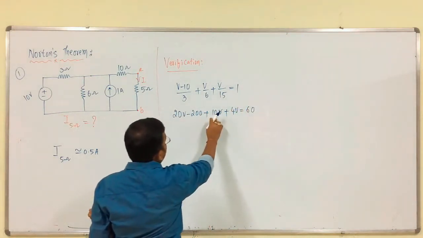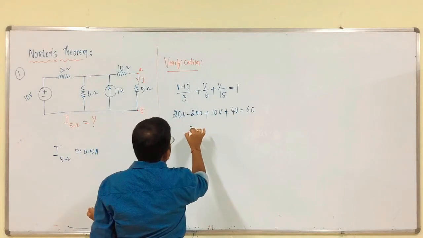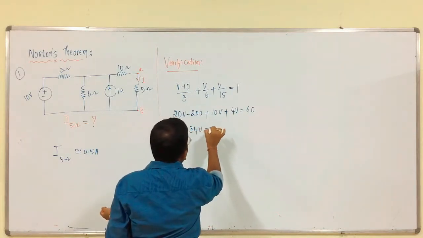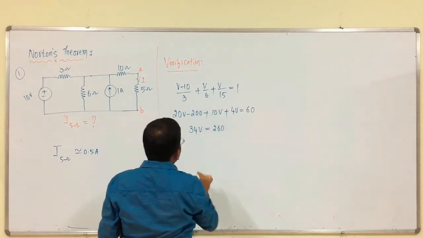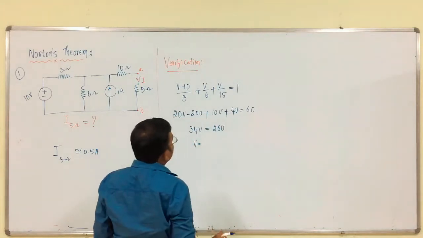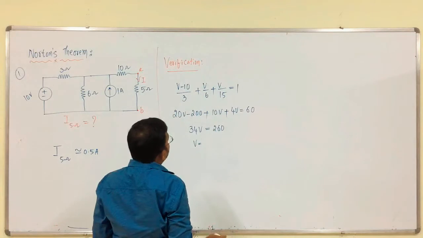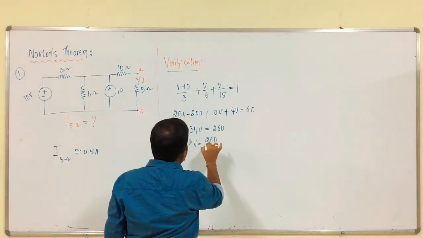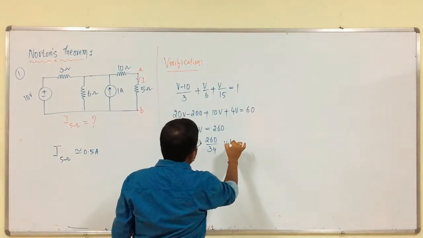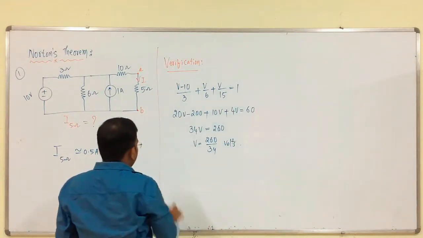So, 20 plus 10, 30, plus 4, 34V, which equals 260. V equals 260 by 34 volts.